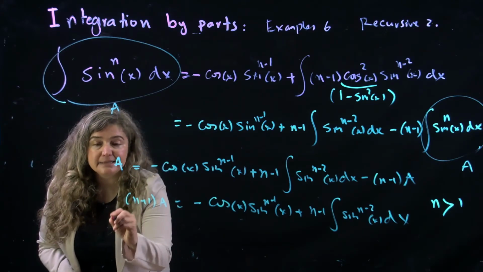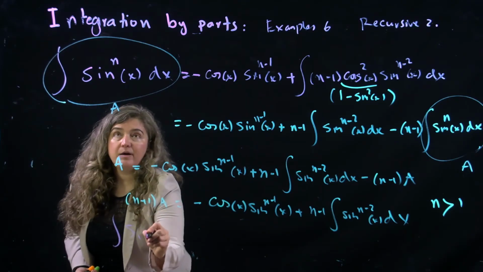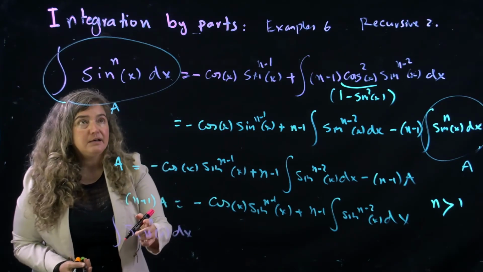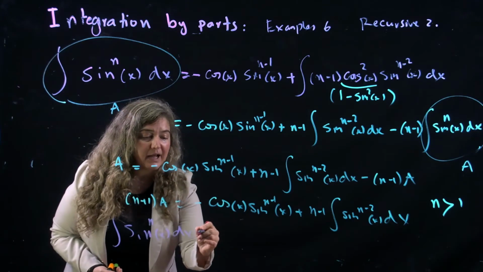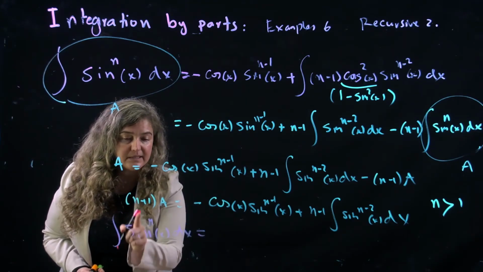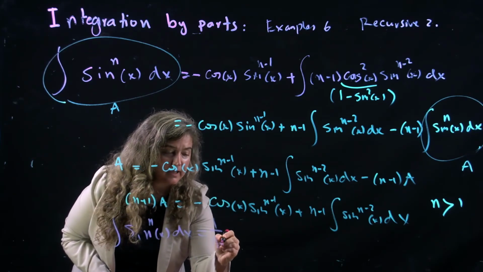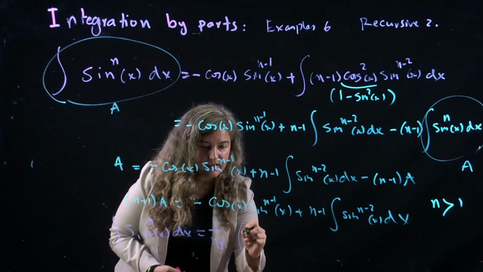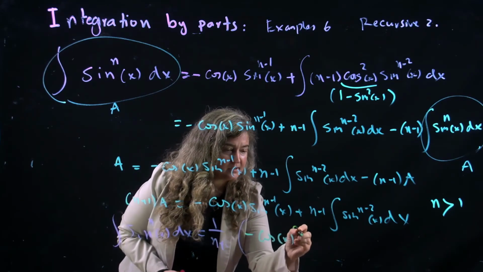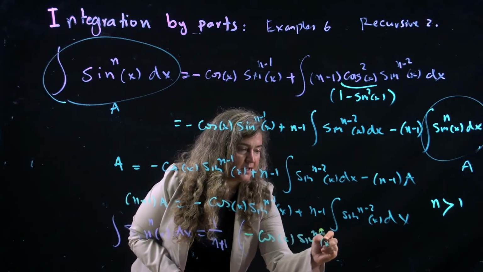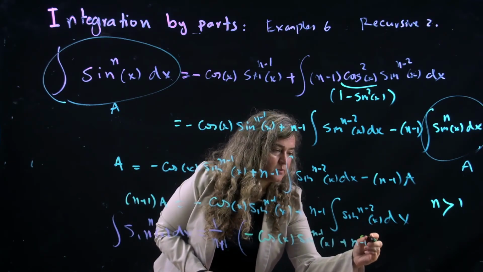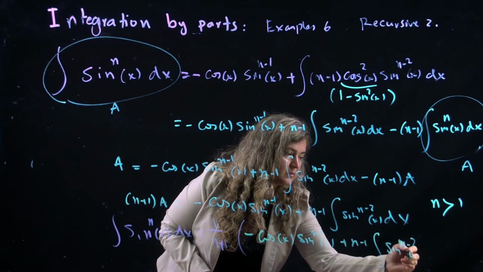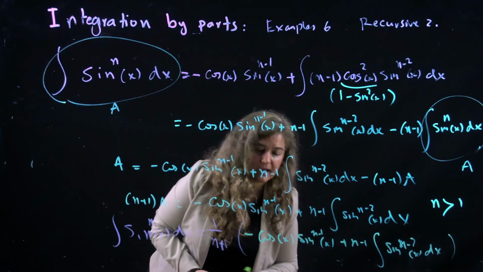So the formula becomes the integral of sine to the power n of x dx equals 1 over n times this entire thing: negative cosine of x sine to the n minus 1 of x plus n minus 1 times the integral of sine to the n minus 2 of x dx.